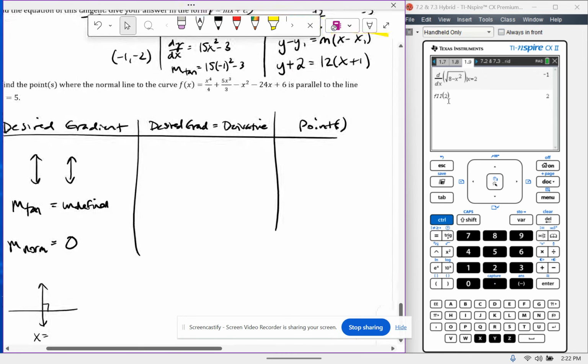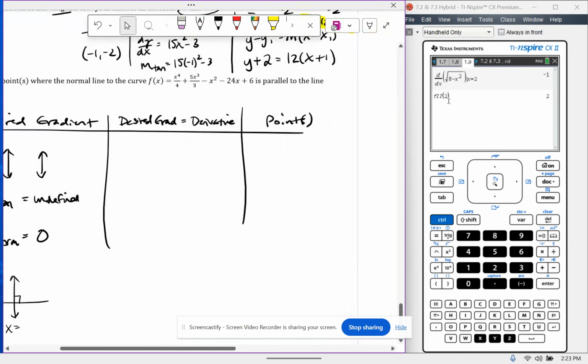Okay, so if our desired gradient is 0, what we're going to want to do is take the derivative and set it equal to that 0. So this derivative is a little funky because it's a long one. So I'm going to rewrite this so all the coefficients are out front.